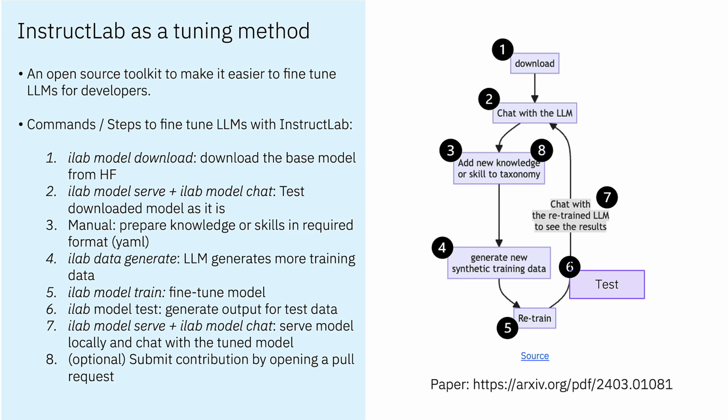You can run all these steps on your desktop with a minimum of 60 gigabytes of memory. Ideally, after the tuning process, with the new knowledge and skills, the tuned model will be able to answer questions that the base model couldn't answer and perform better on the target task.